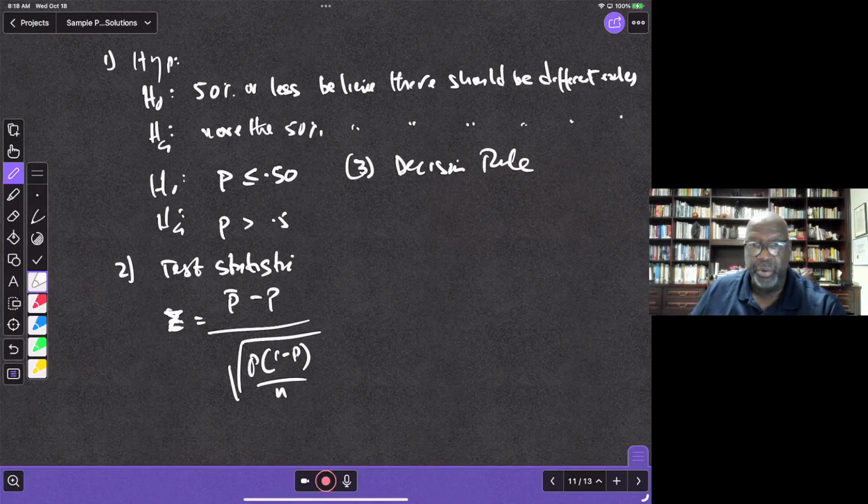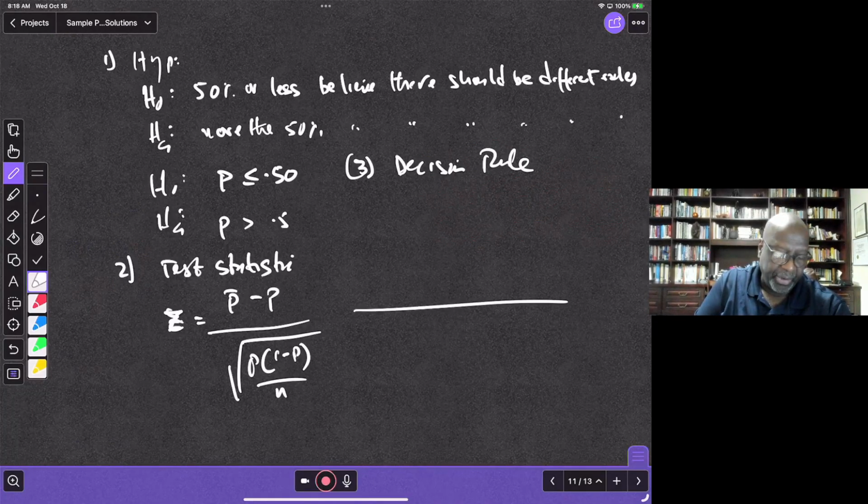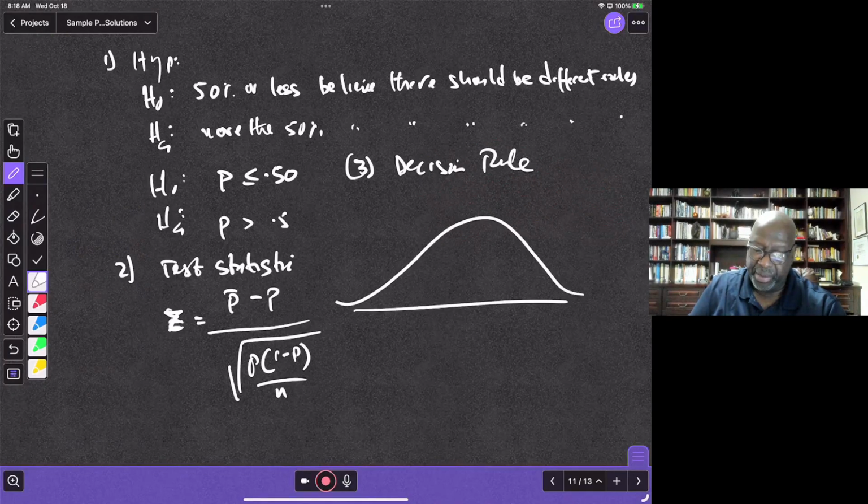So the decision rule: is this a right tail test or left tail test? Well, when we look at the research hypothesis, the arrow is pointing to the right. It's a right tail test. We're looking for evidence that the proportion is greater than 50%, which means this is alpha 0.05.